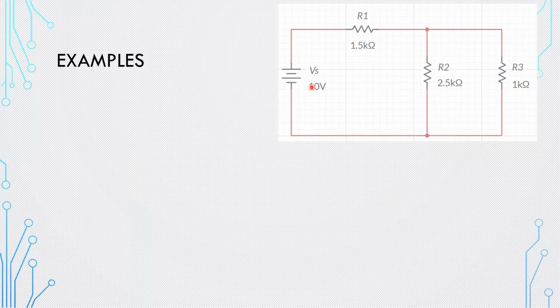So what you need to do is convert this circuit into a simpler one in order to find the voltage across the resistors, and then you have to go back to the original circuit to apply what you learned depending on the connection. So by looking at this circuit, what's the relation between R3 and R2?